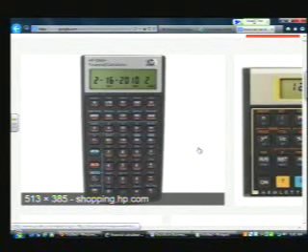Some business finance courses require that you go buy a financial calculator. In fact, we were highly recommended to buy a financial calculator. Now, what's really cool nowadays is if you have an Android or an iPhone, you can download an app that is a business financial calculator.